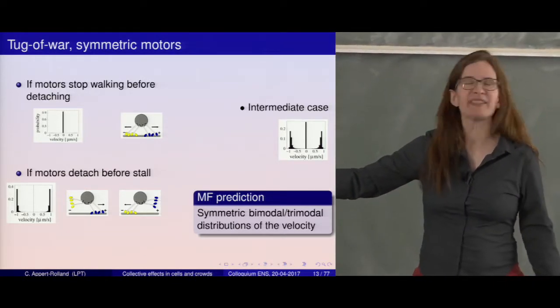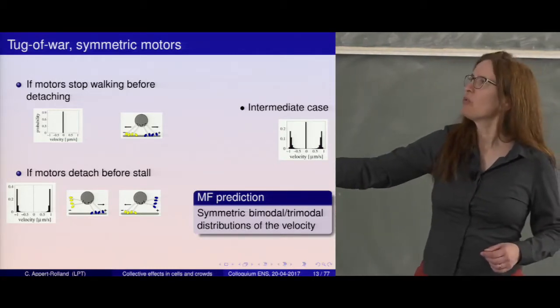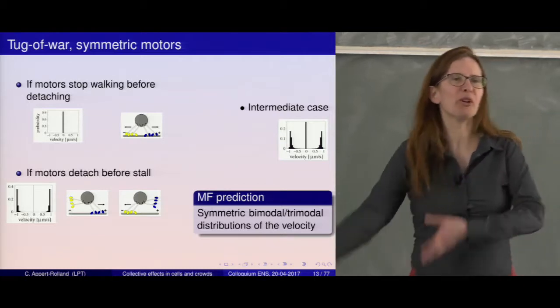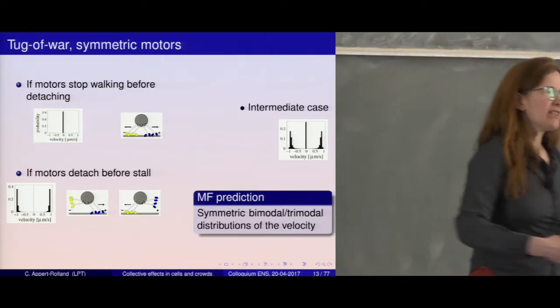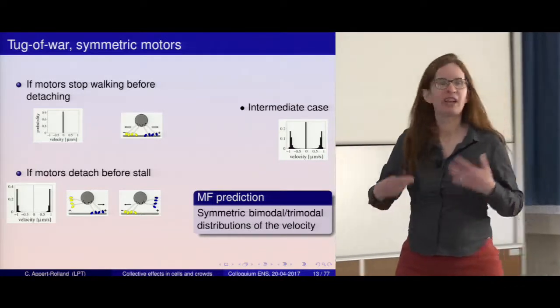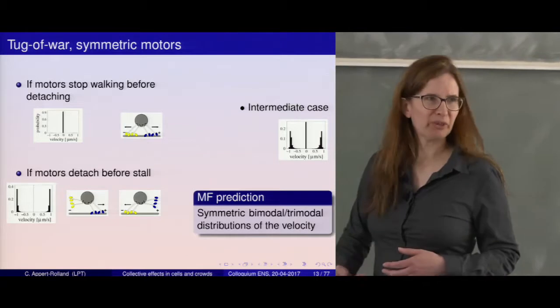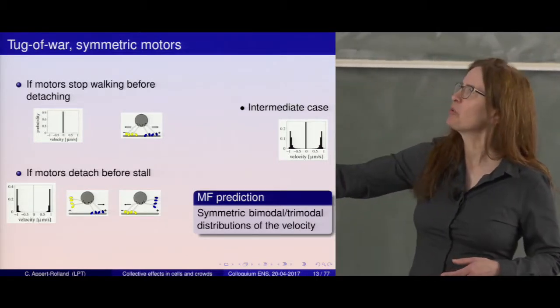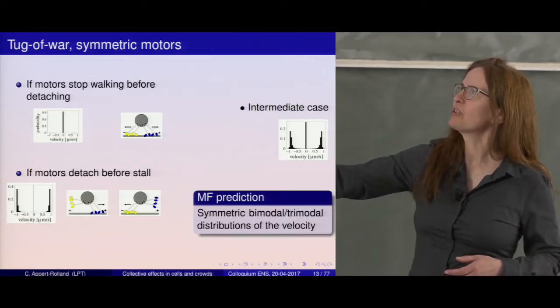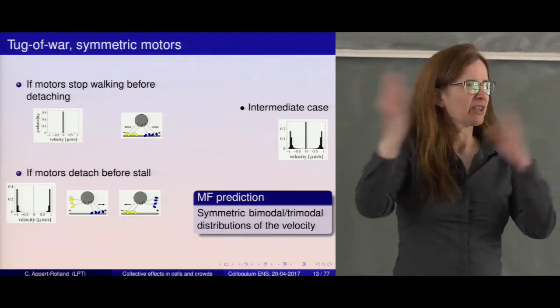But if you are in a regime where motors can detach before they stop, then one team manages to pull off the other, and then the cargo can be taken away with a very high velocity, which corresponds to the velocity of a free motor. So this would give you a bimodal velocity distribution, each peak corresponding to one direction.